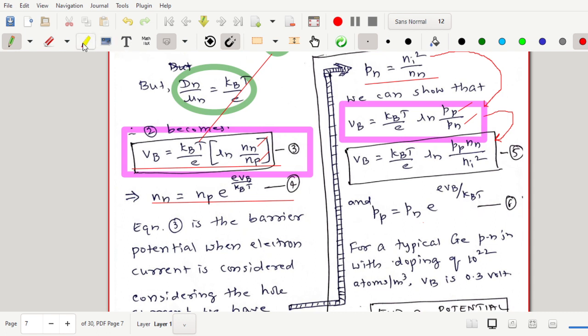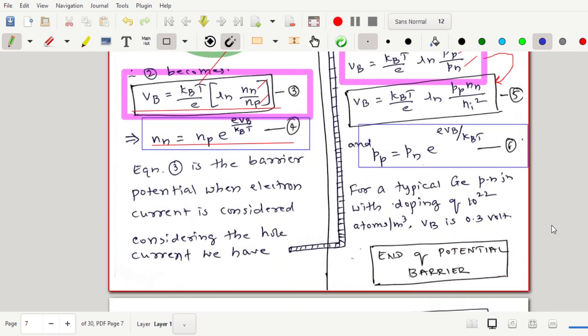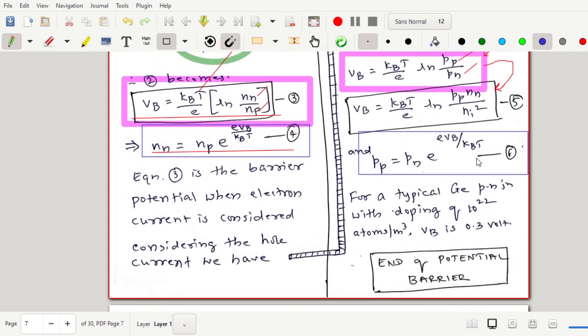So here again we get two more equations. Equation number 4 is the equation if you consider the electrons, and equation number 6 if you consider the holes. So these are the relations.